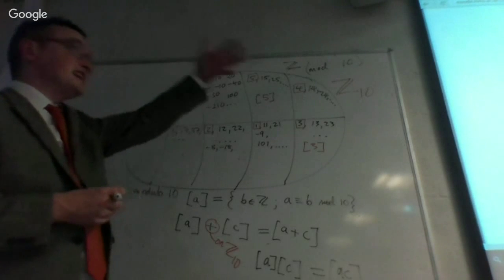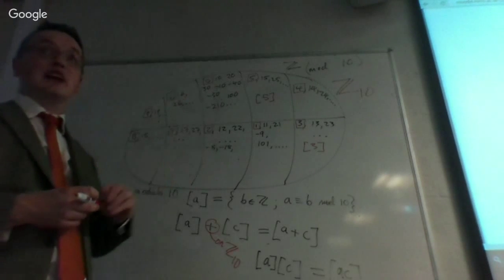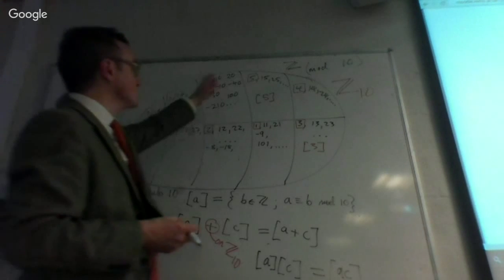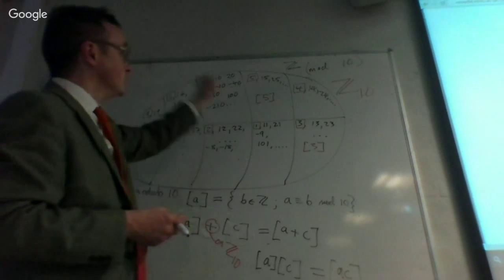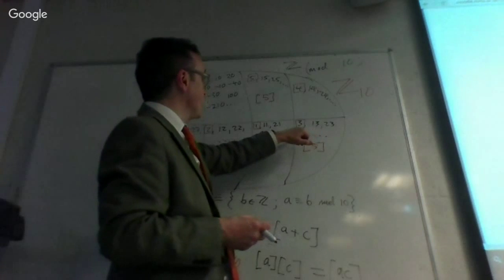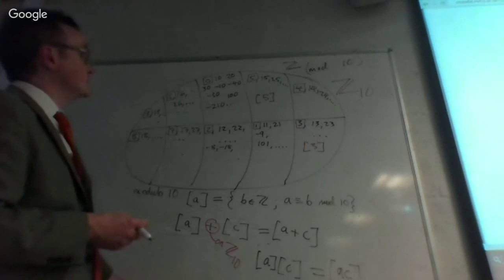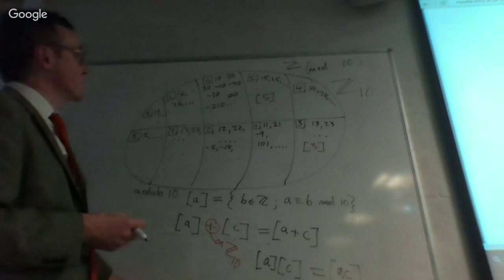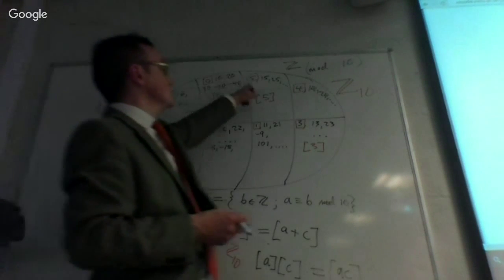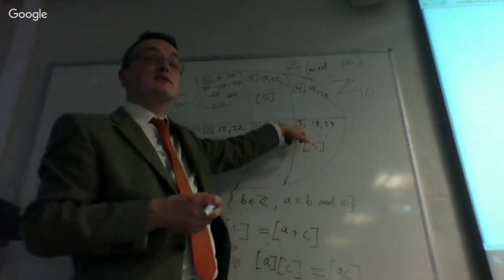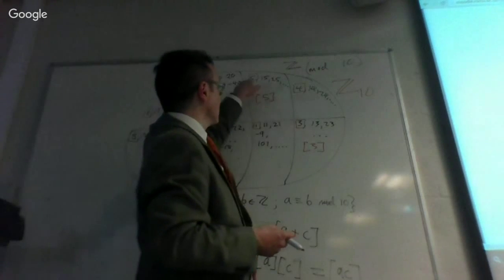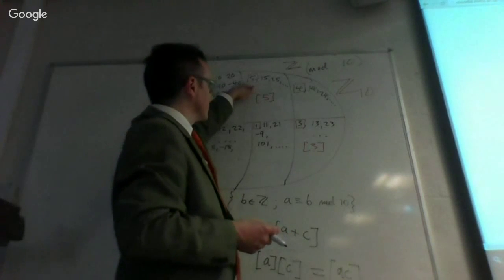Part 2 did the same thing, but for the operation of multiplication. So if I want to multiply the congruence class 5 by the congruence class 3, you'll notice something funny happening.